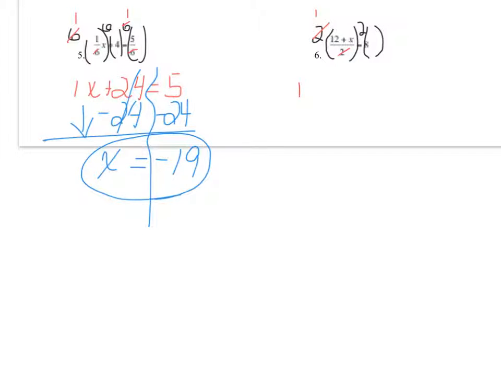So I have 1 parentheses 12 plus x equals, and then that was 2 times 8 is 16. Okay, and then we would distribute 1 to 12 and 1 to x, but that's a little silly because 1 times anything is just itself. But so we get 12 plus x equals 16.